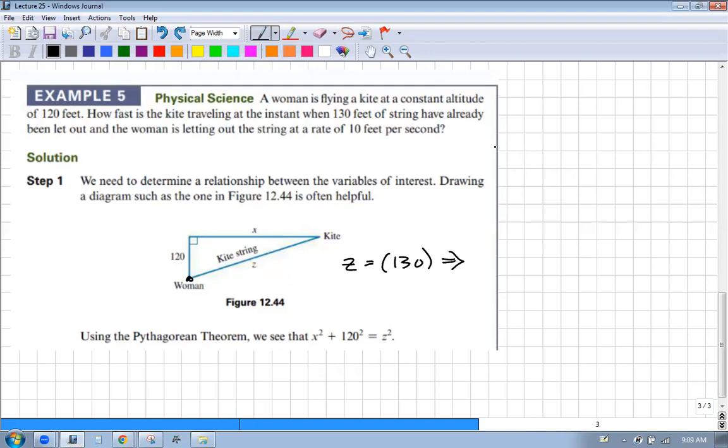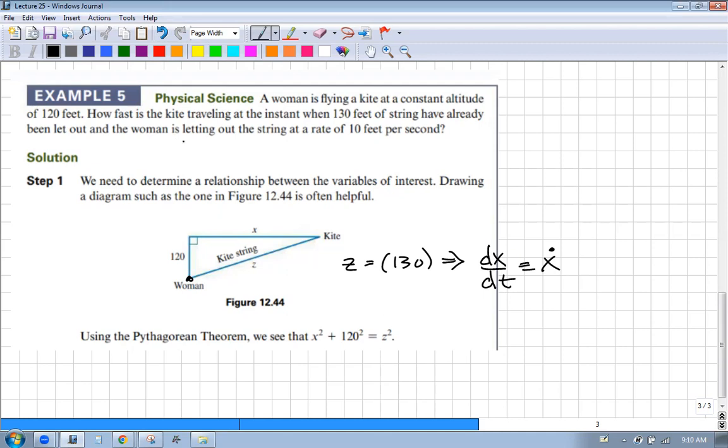So when z is 130, what is the speed of the kite? The position of the kite is given by x, so the speed would be the change in x with respect to time. Again, I like to call this x dot. You can call it whatever you want.